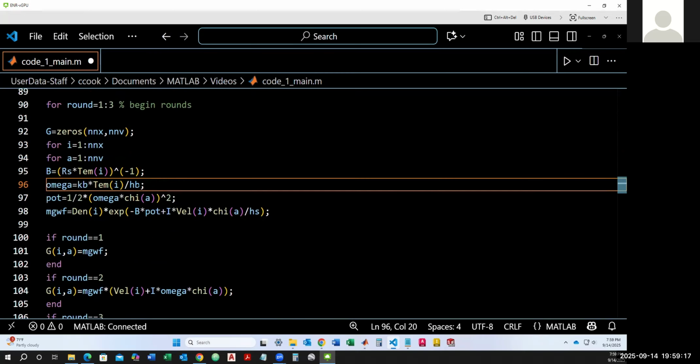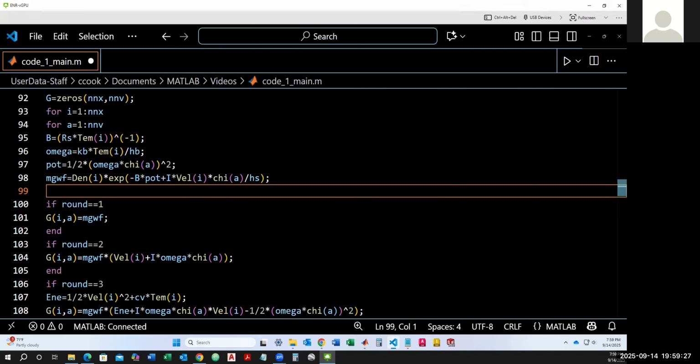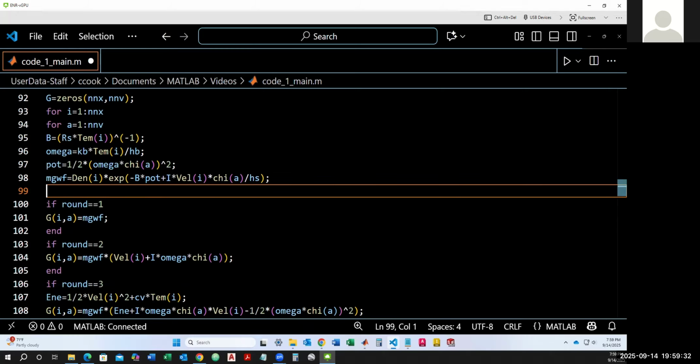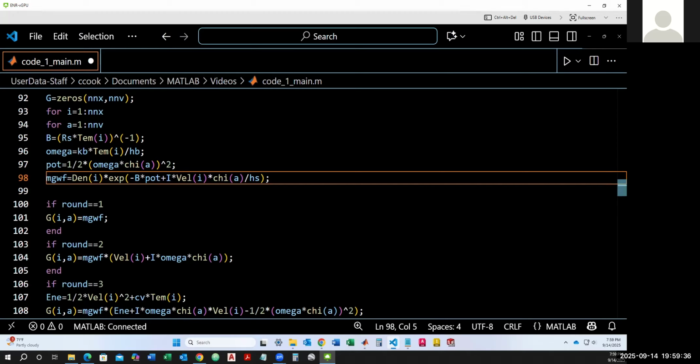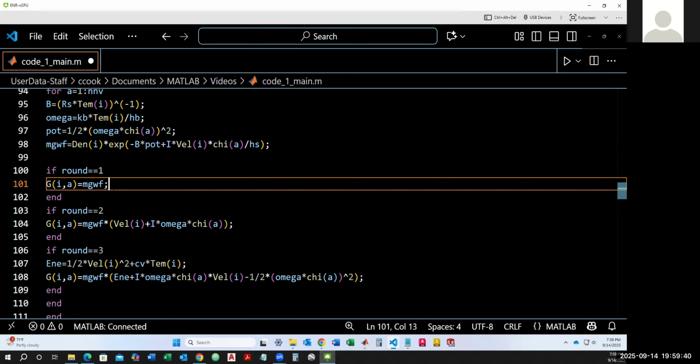This is your thermal frequency. I call this thermodynamic omega. This is your virtual potential energy. I discuss this in the precursor. And this is our moment generating wave function, which was 213. So round 1 set G equal to the moment generating function.